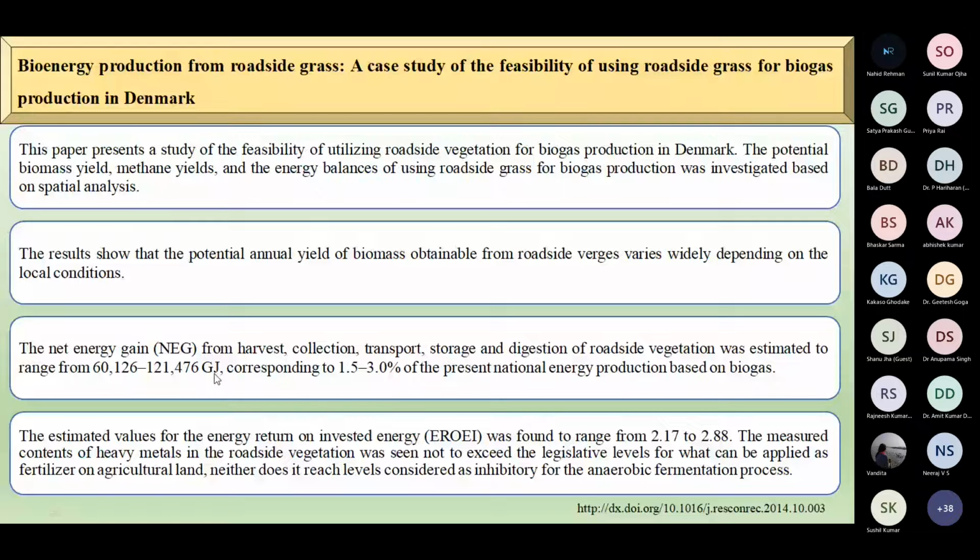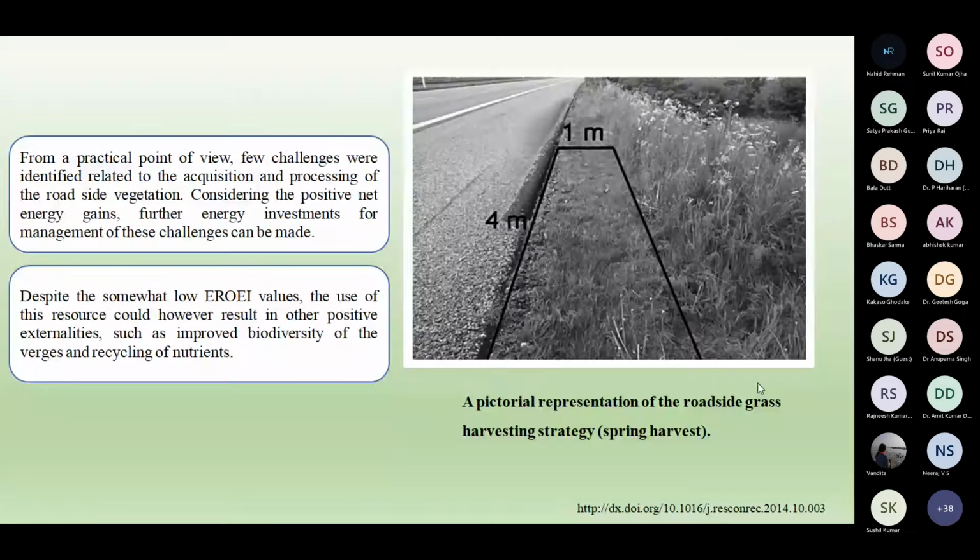It's a huge amount of energy, corresponding to 1.5 to 3% of the present national energy production based on biogas. So you should know how much potential these roadside grasses have. This is a pictorial representation of how roadside grass can be used for harvesting energy. So realize the potential of bioenergy.